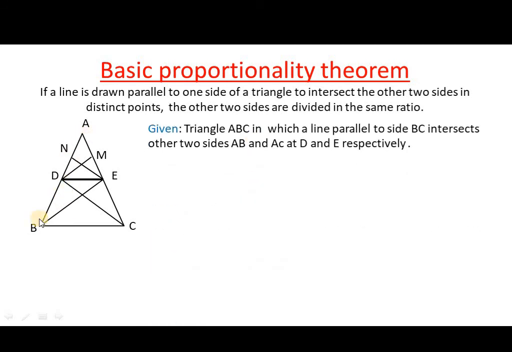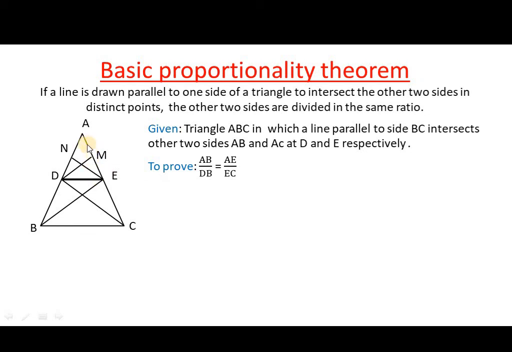Given: in the triangle ABC, DE is drawn parallel to BC, which intersects the sides AB and AC at the points D and E respectively.